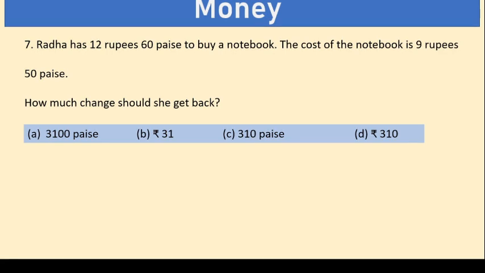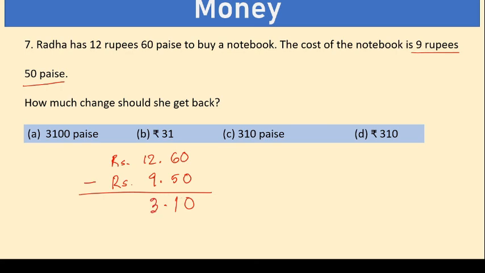So let's first compute the simple part, wherein we need to find how much change she would get back. This can be calculated by rupees 12.60 minus the cost of the notebook, which is 9.50, and we'll get the answer as 3.10, which is 3 rupees 10 paise. So options B and D can be eliminated.